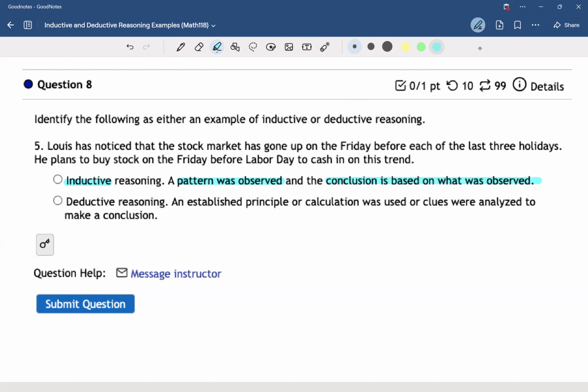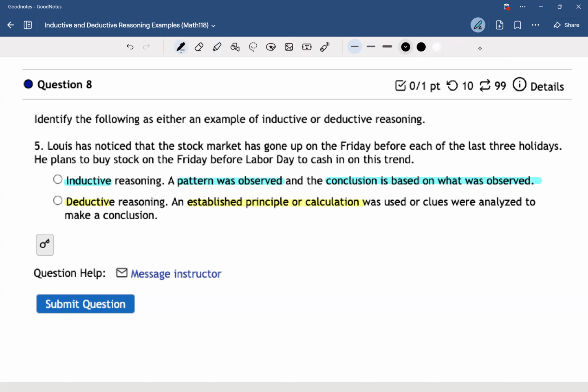The trick here is you see the pattern and then you decide what to do based on that pattern. The other kind of reasoning is called deductive reasoning, and deductive means you already had some rule or something that you used to get the conclusion.